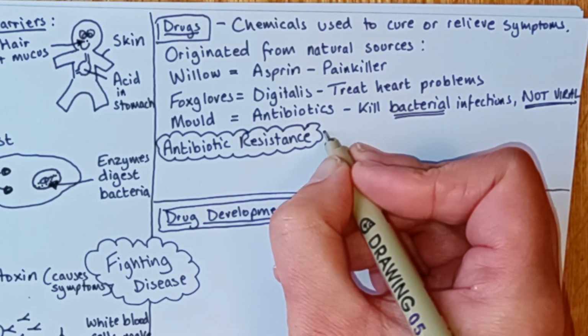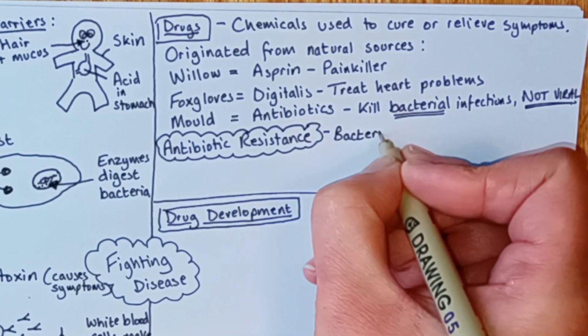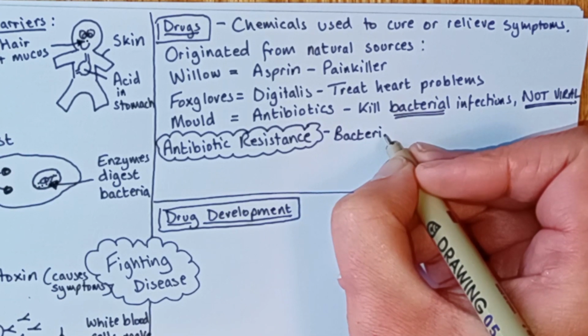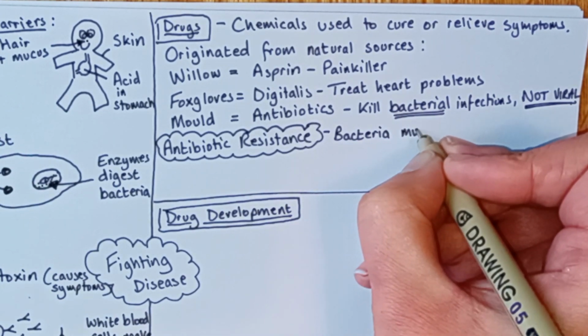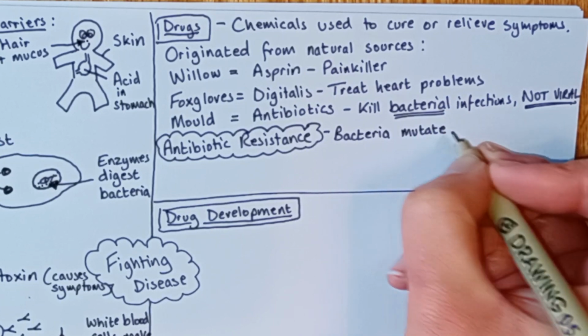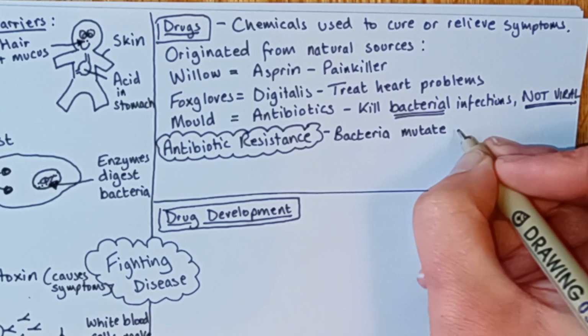So antibiotic resistance is when bacteria mutate. So their DNA changes and it's like they get a superpower. They mutate and it means that antibiotics won't kill it anymore.